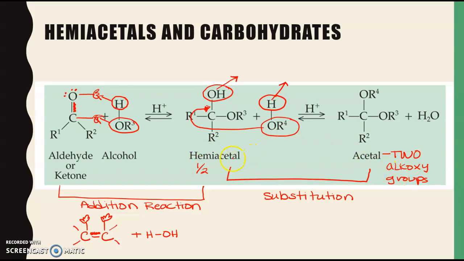It only has one alkoxy group, one alkoxy and one hydroxyl, and that's what makes it half. Now, in general, the acetal form is more stable than the hemiacetal, but we're going to talk about an exception to that in just a moment.